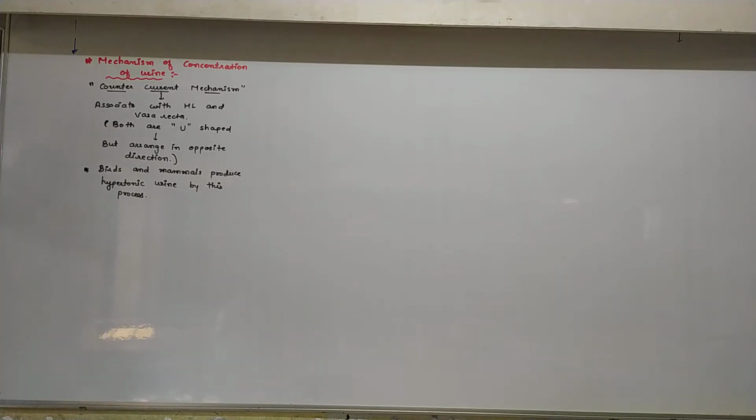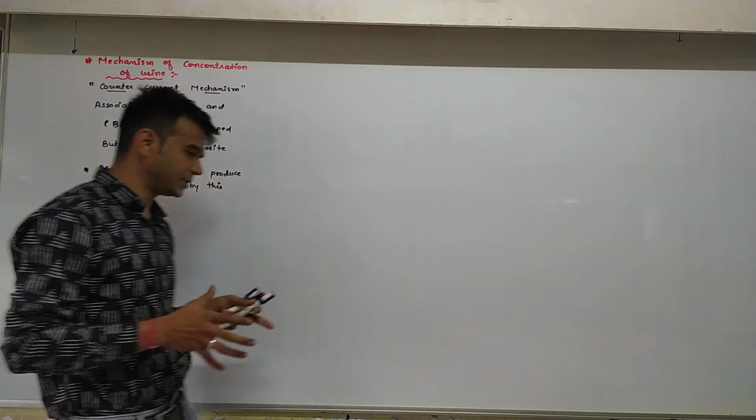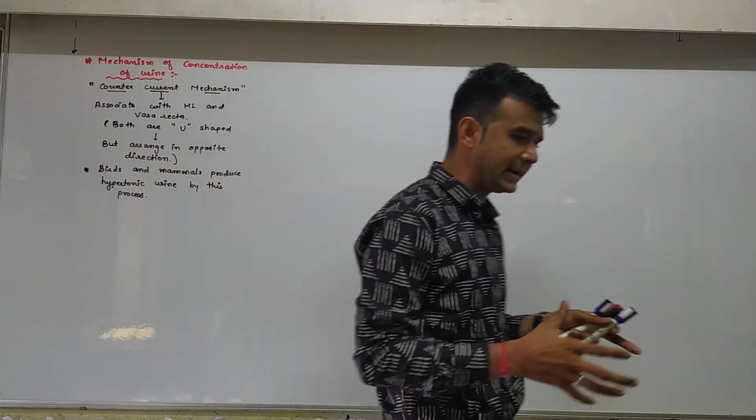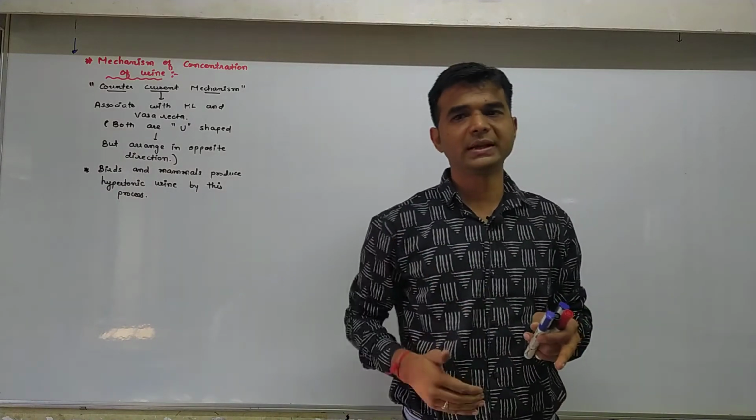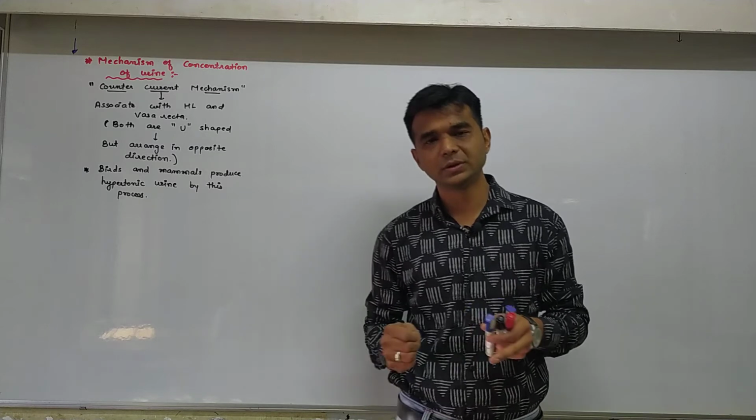I told you in the previous class that the loop of Henle and vasa recta are arranged together but in the opposite direction, and I did the board work for that.